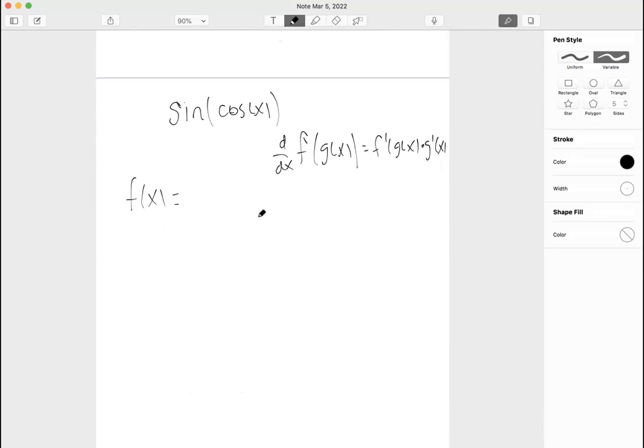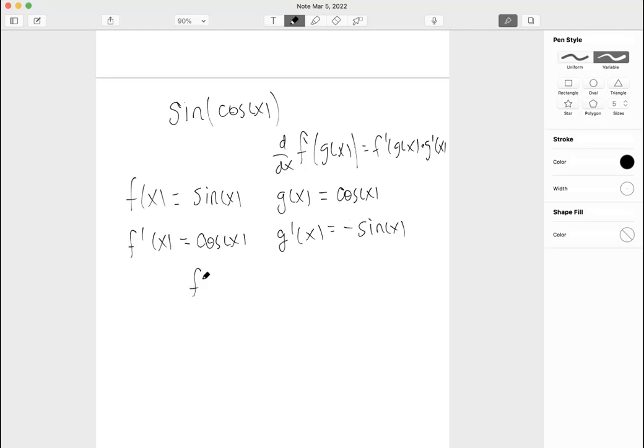That would be sine. And then what is the function that you plug in? Cosine. So let's just take the derivative of each. f prime is cosine, and g prime is negative sine.